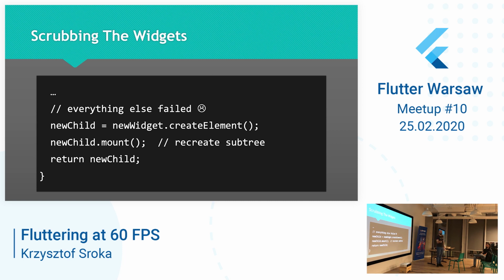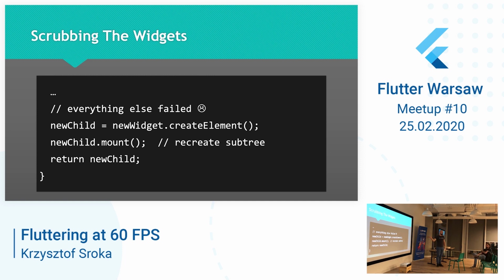Either keys don't match, the widget type doesn't match, there's no global key, or the widget isn't const. This happens: there's a whole new subtree of elements being built. So we start with the elements, and then we clear everything down from that point.